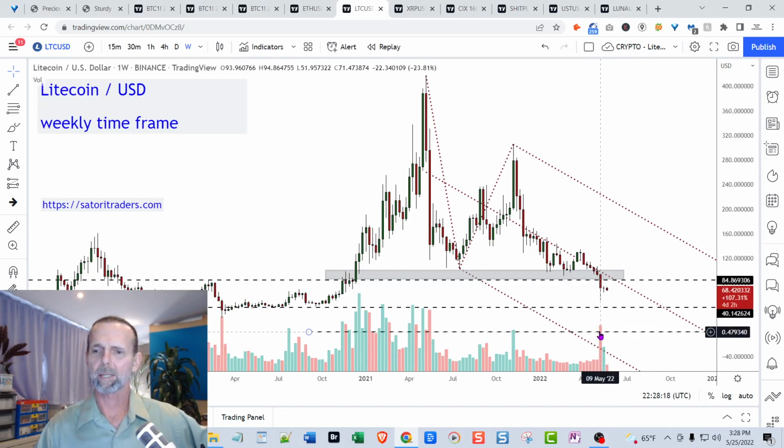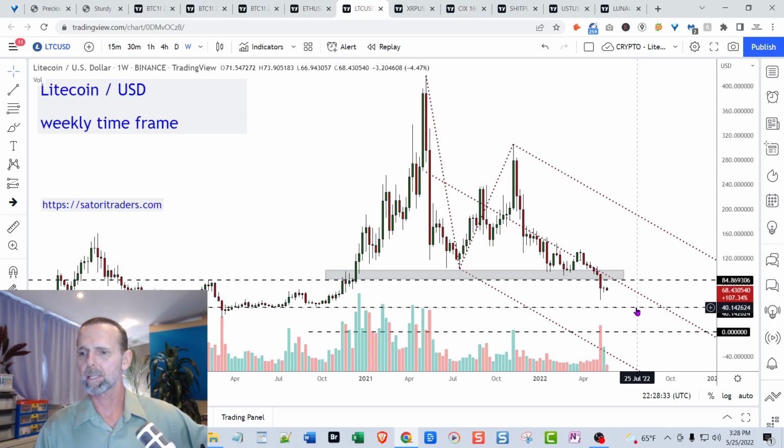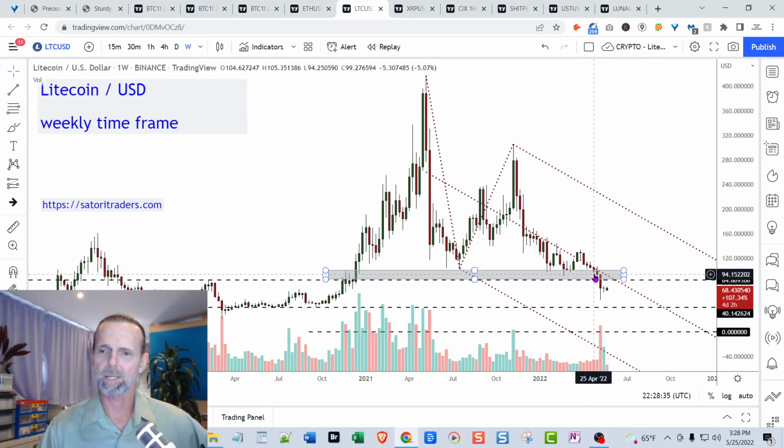Got a big burst of selling, but again, I wouldn't call that a capitulation. The next support level is down at this horizontal, what is that, 40 and change, call it 40 and change.